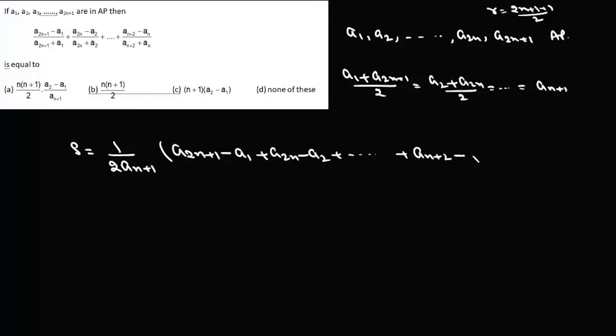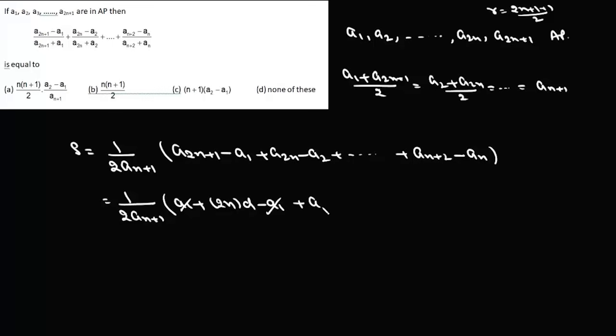So we can write this series as 1 upon 2a(n plus 1), times (a2n plus 1 minus a1) plus (a2n minus a2) plus (a(n plus 2) minus an). Now a2n plus 1 is a1 plus 2n into d, minus a1. This a1 and a1 will cancel.